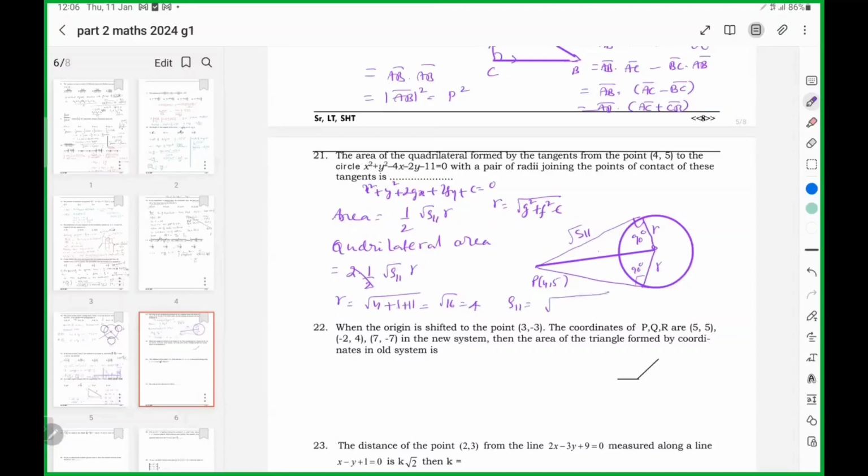S11 is from which point, 4 comma 5, just substituting the point: 16 plus 25 minus 11 minus 11... 25 minus 21. So finally the answer will be: root S11 is 2, R also 4. Area is 8.